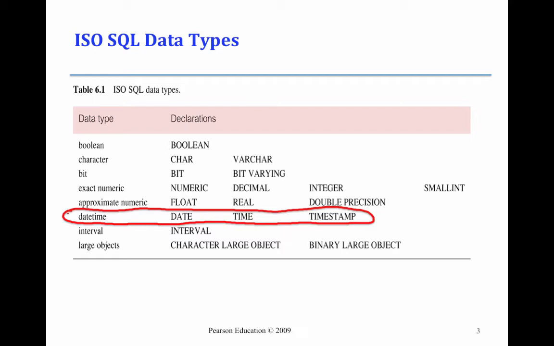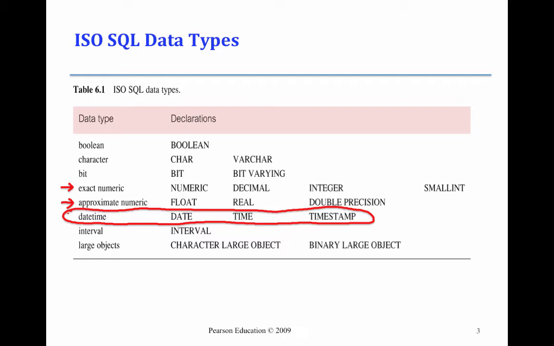There's also a distinction between exact numeric types versus approximate numeric types. In programming languages like C and Java and Python, they all use approximate numeric types for their floating point numbers. But if you're in the business world, especially, you often want to deal with precise numbers.